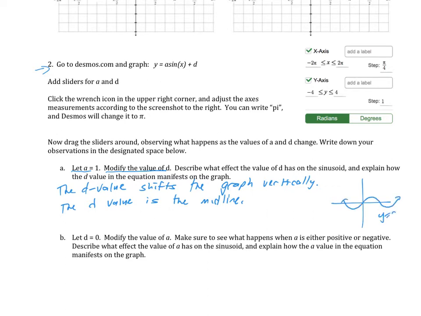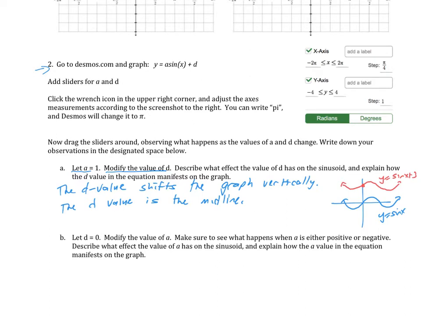So let's say this is y equals sine x, and then I change the graph and I make it y equals sine x, let's say plus 3 or something. Then my graph will shift up 3. So let's say this is y equals sine x plus 3, right? So that's what the D value does. It moves it either up or down depending on what the value for D is.